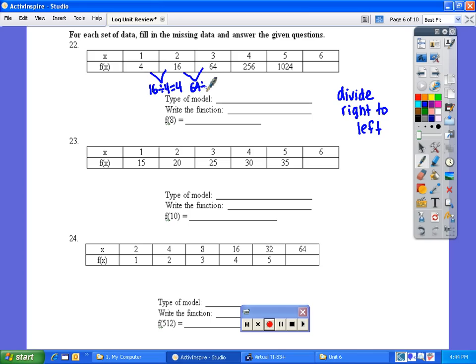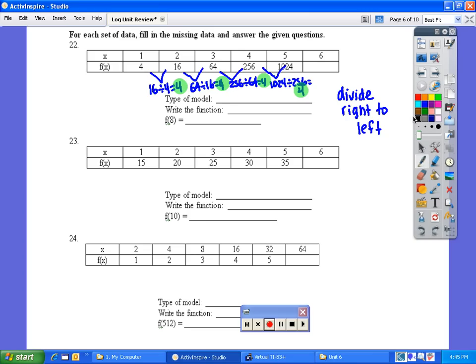Then 64 divided by 16 is 4. 256 divided by 64 is 4. 1024 divided by 256 is 4. So since all of the answers wind up being 4 after dividing, that's exponential.